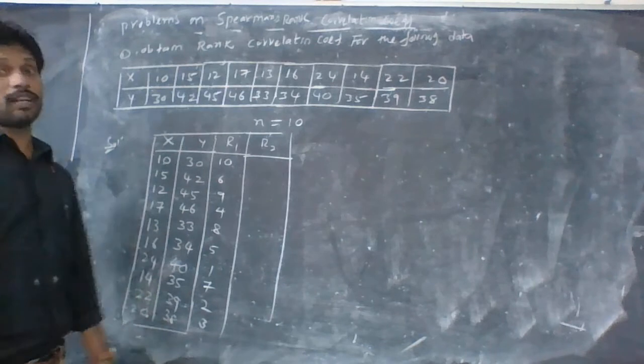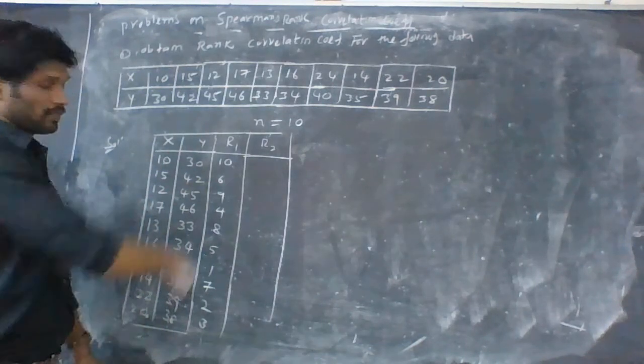So there are 10 different values, and their ranks are different.